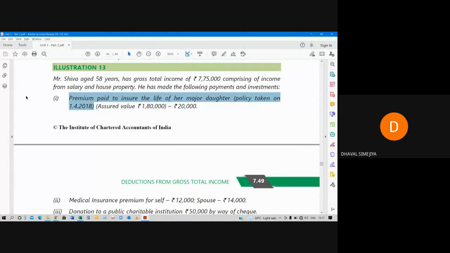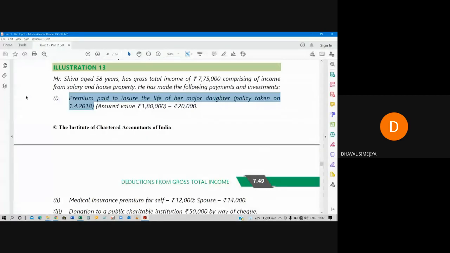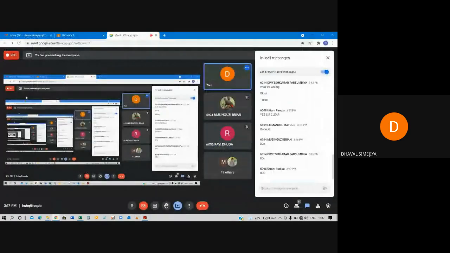Premium paid for the life of his major daughter, policy taken 1st April 2018. Yes, expected students have given the answer: Brian, Divyesh and Uttam, 80C.